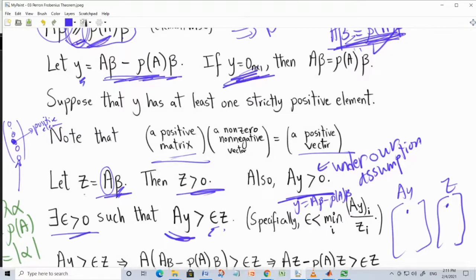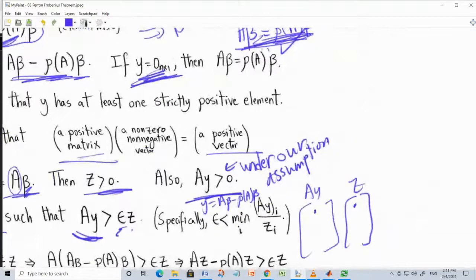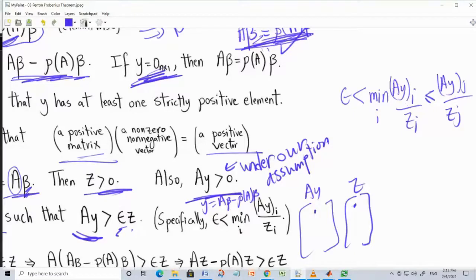So epsilon is less than the minimum over i of AYi over Zi. And the minimum is less than or equal to AYj divided by Zj for every j, because this is the minimum.